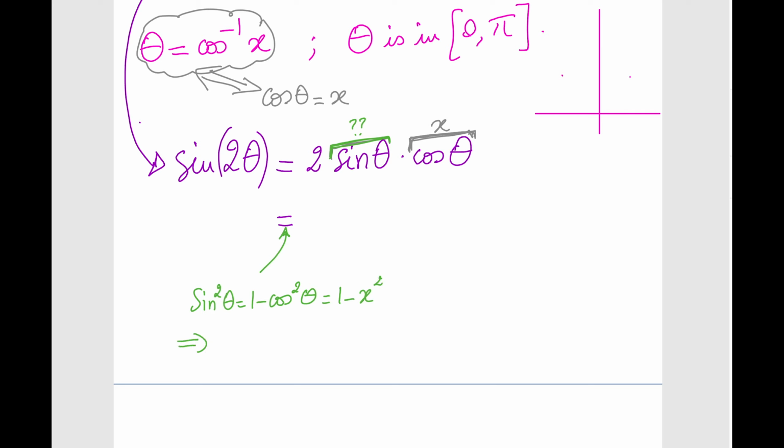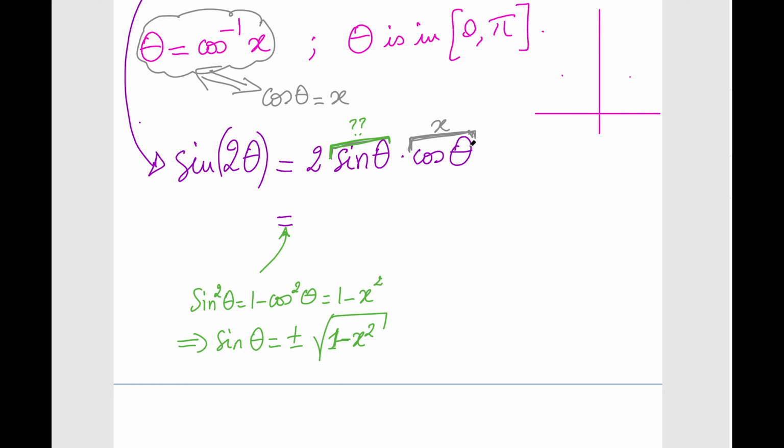Okay, so this means sine of theta is plus or minus the square root of 1 minus x squared, right? And the question is, is it plus or minus? Well, it depends where theta lives. It lives between 0 and pi, so it's either in the first quadrant or in the second quadrant. What do you know about sine here? Sine is the y value, so it's certainly positive.